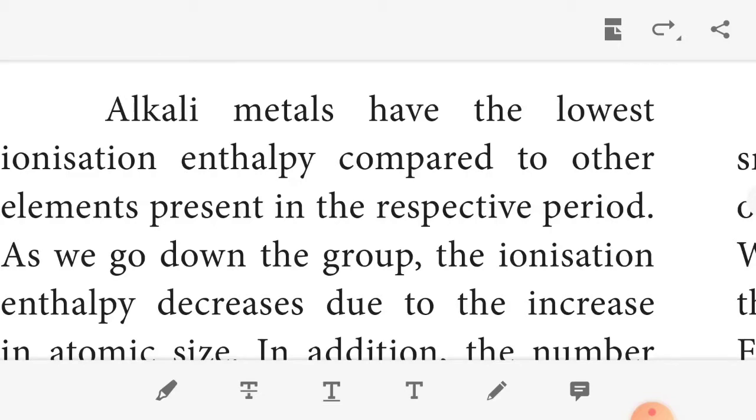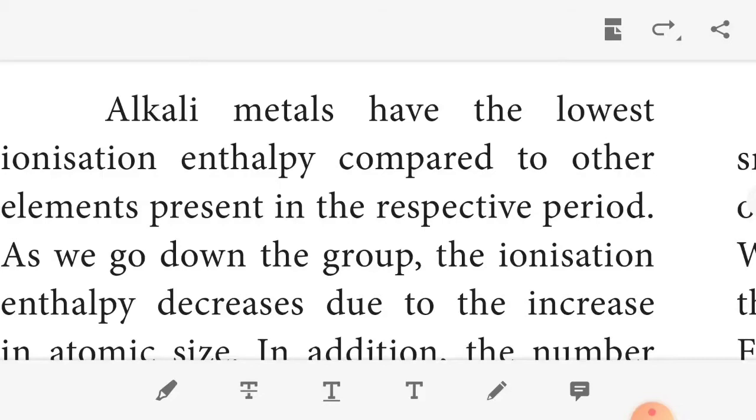Ionization enthalpy we already discussed in a previous lesson. In addition, the number of shells also increases, which in turn increases the magnitude of the screening effect. So the ionization enthalpy decreases down the group.